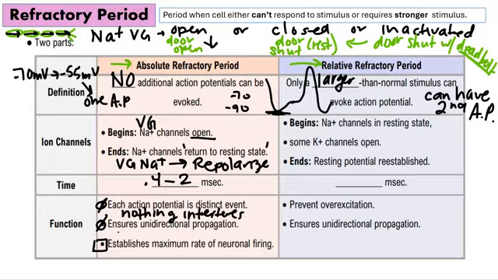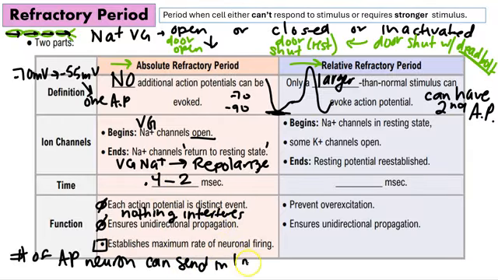One example of that would be the number of action potentials the neuron can send. If we're going from 0.4 to 2 milliseconds, let's just say 1 millisecond.